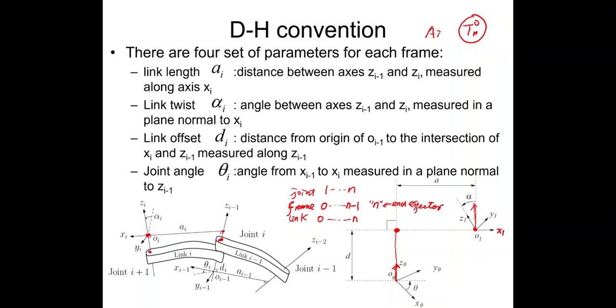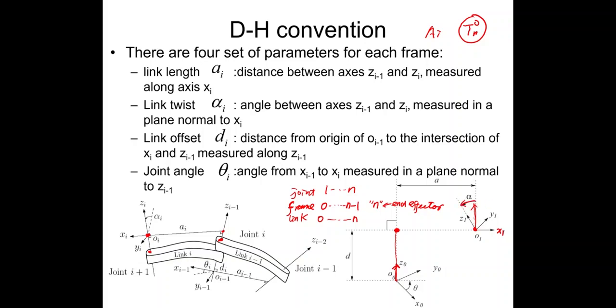So my alpha means the angle between z0 and z1. Here I have my z0, and this is my z1, and this is the alpha, and it must be on the plane that is normal to xi, okay? So on this plane, here I have my alpha.